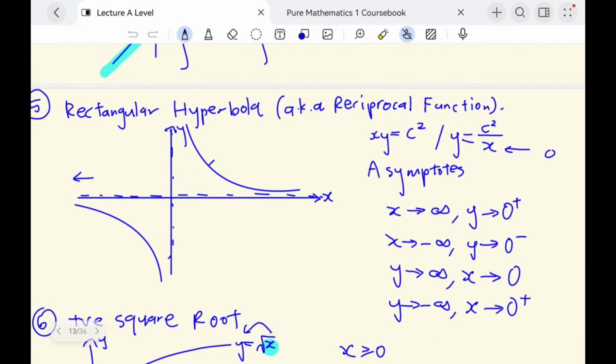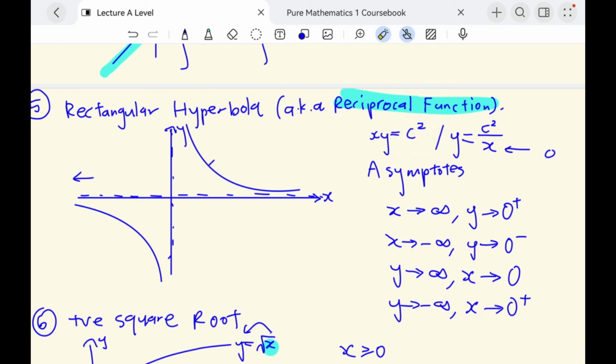Let's move on to the next function, which is the rectangular hyperbola, also known as the reciprocal function, or rational function. Why is it a rational function? Because it is a reciprocal of the function. This rectangular hyperbola has the general form xy equals c squared, or we can also call this the constant k if you want.